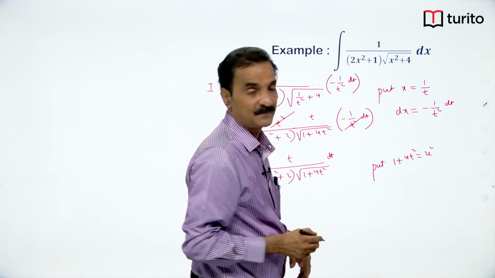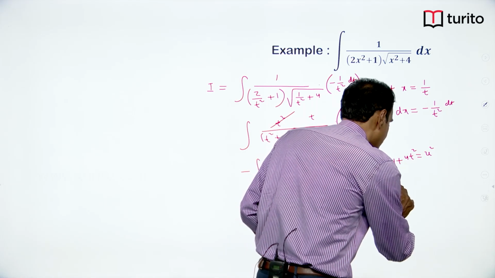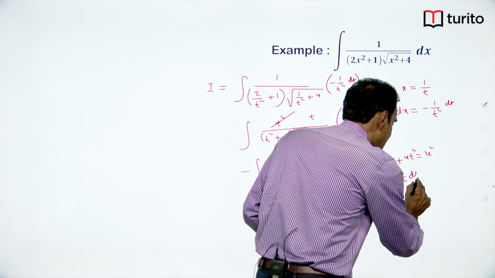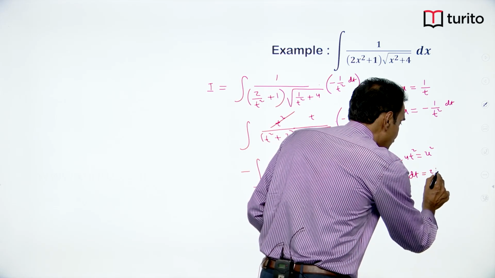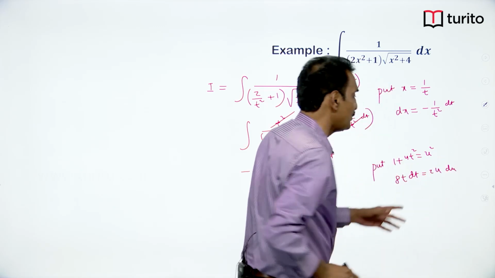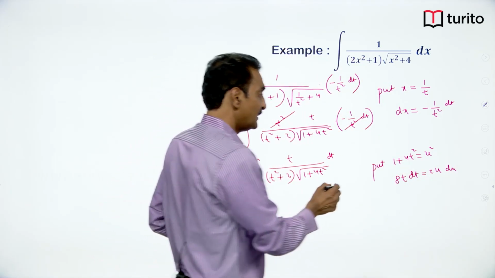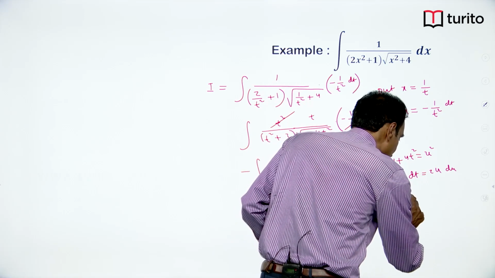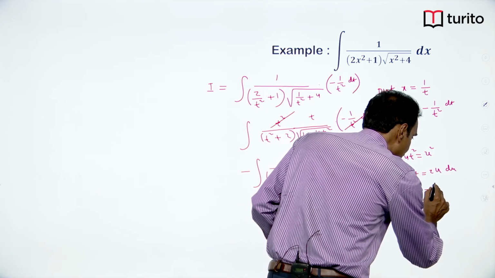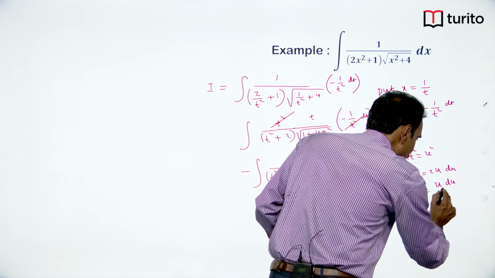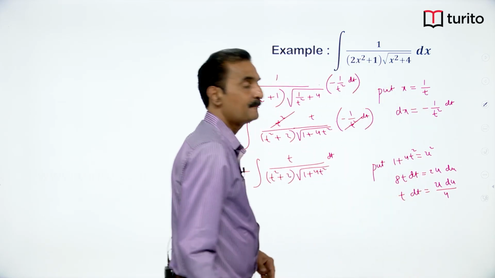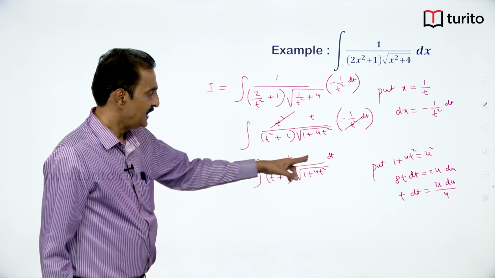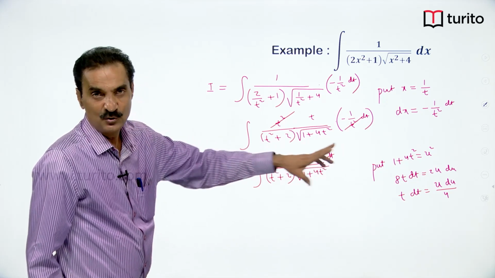Differentiating on both sides, we get 8t dt is equal to 2u du. So, t dt is equal to u du by 4. Now, t dt is numerator, that is u du by 4.